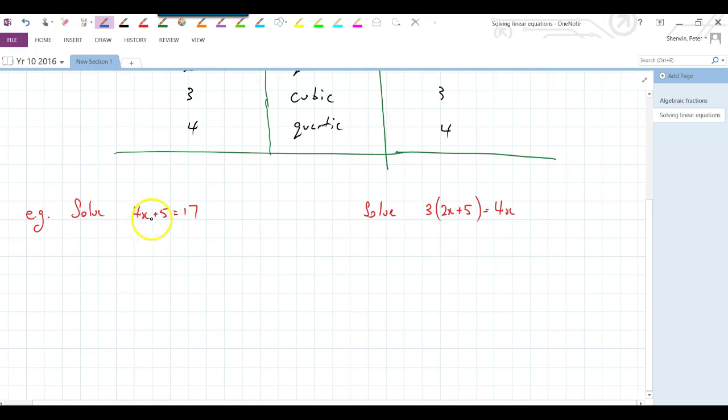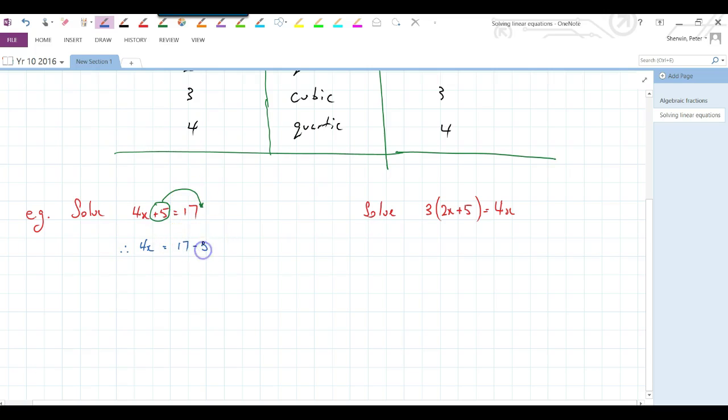Okay, what we want to do is isolate the x's, get the x's on their own. So I want to hold the 4x on the left hand side. I use these therefore dots. I write 4x, and I'm going to take this 5 here. I don't want it there, I want it on this side. I want to drop it onto the right hand side. A really important rule here is that the 4x stays on the left side, 17 stays on the right side, but the 5 has been transferred across from the left to the right.